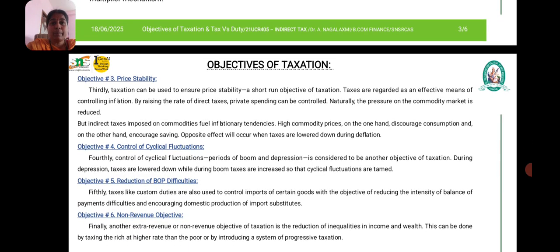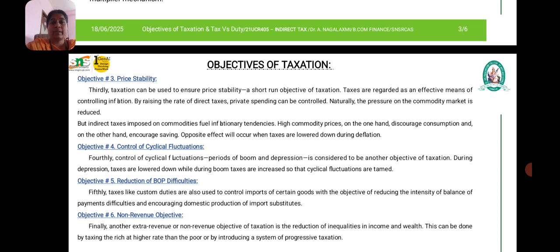Next is price stability. Price stability is a very important concept. For example, if we buy 1 kg of tomato at the rate of 10 today, and tomorrow morning the price is 150, is it possible for us to survive? No. So the government will concentrate more on price stability of goods and services for the well-being of the citizens.